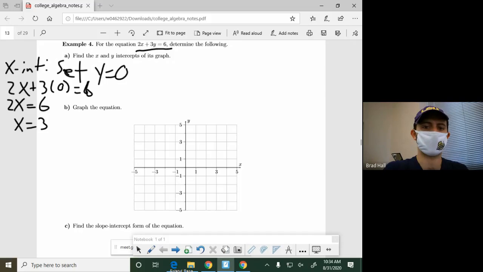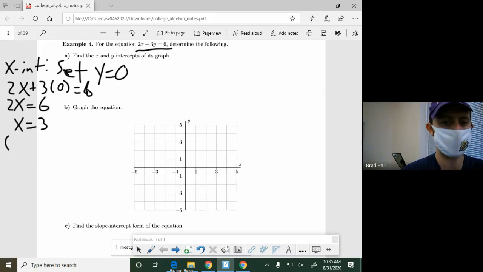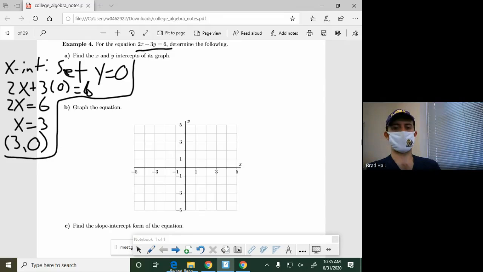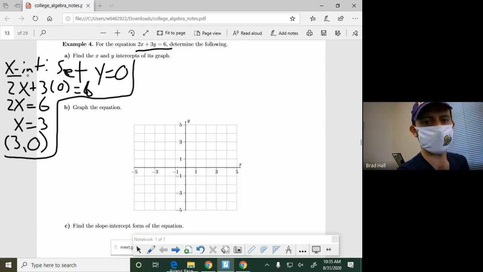So that would be the value. MyMathLab will sometimes go back and forth between asking for the number and the ordered pair. This would be the number, and the ordered pair would be (3, 0). That makes sense because we set y equal to 0 to facilitate all of this. So this is how you find the x-intercept.